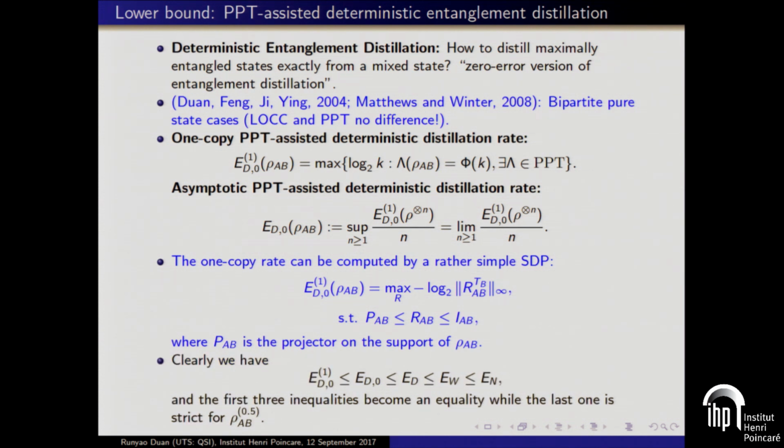So this EW is the upper bound we just introduced, and this ED0 is the deterministic entanglement distillation rate. We want to calculate this ED. What we do is calculate this one and this one, and if they match, then we have the result. So even though the problem is extremely difficult, for certain cases we can still find the exact value of this ED.